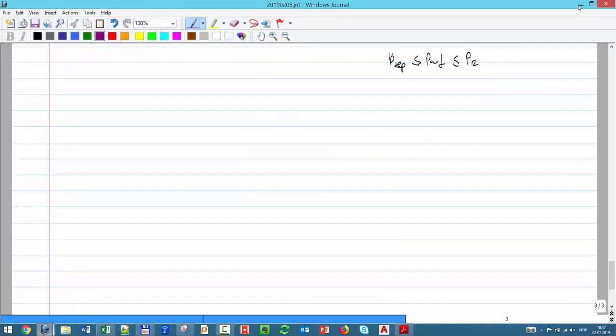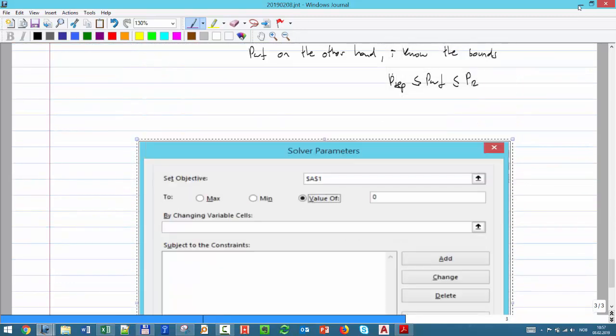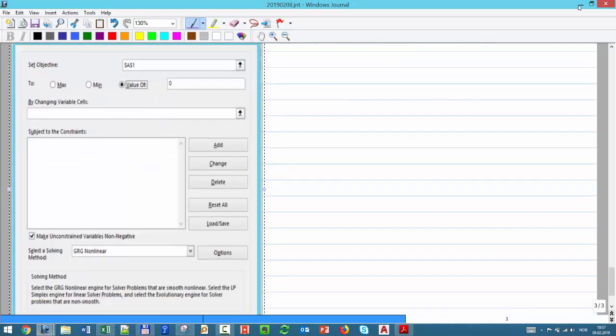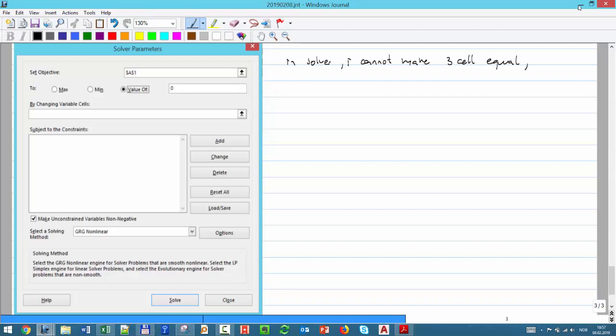Let's make a small comment here. Only one cell, only either to maximize, minimize, or make equal to a value.